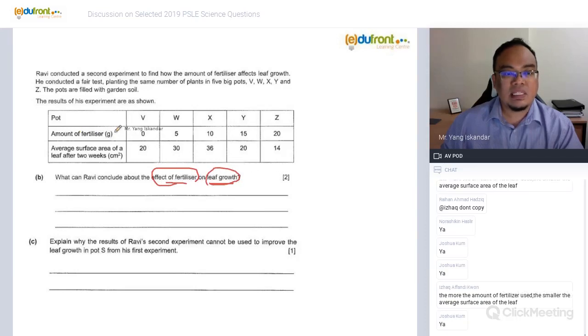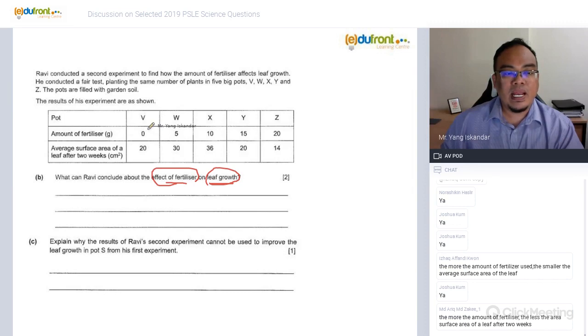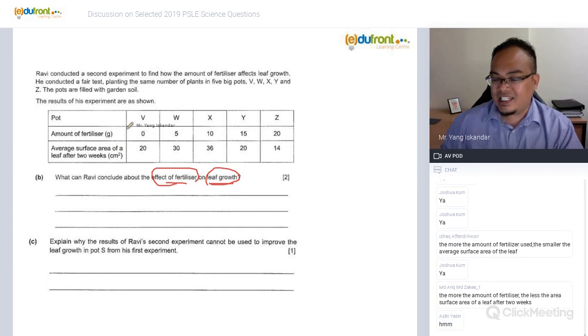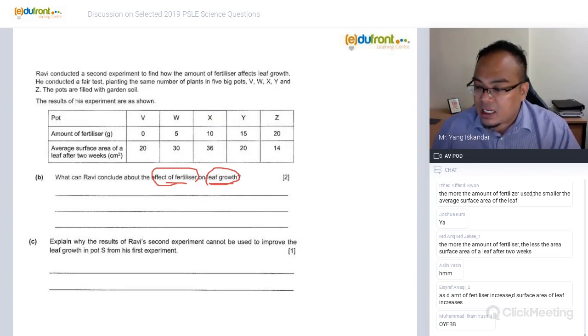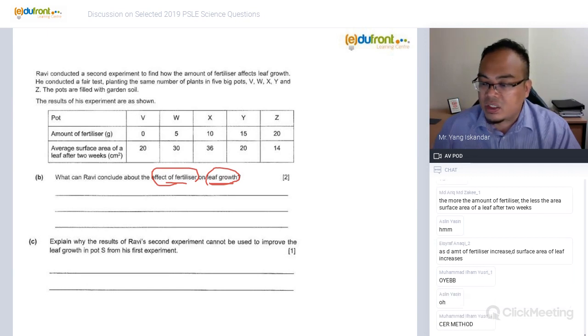So basically, you need to tell what happens when the amount of fertilizer increases. What happens to the leaf growth as you add more fertilizer? That's what they are asking in this question. Okay, Arik said, the more the amount of fertilizer, the less the surface area of a leaf after 2 weeks.